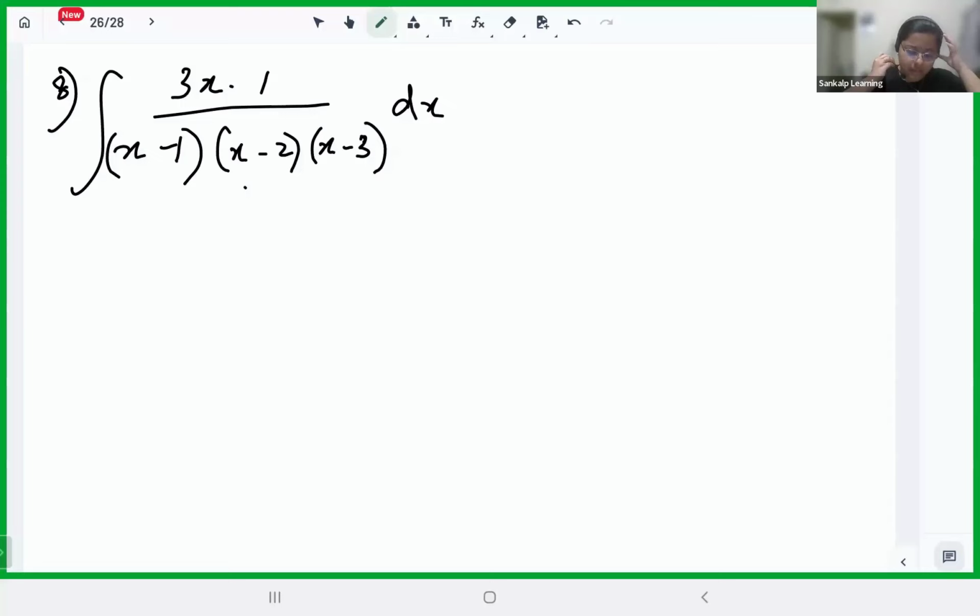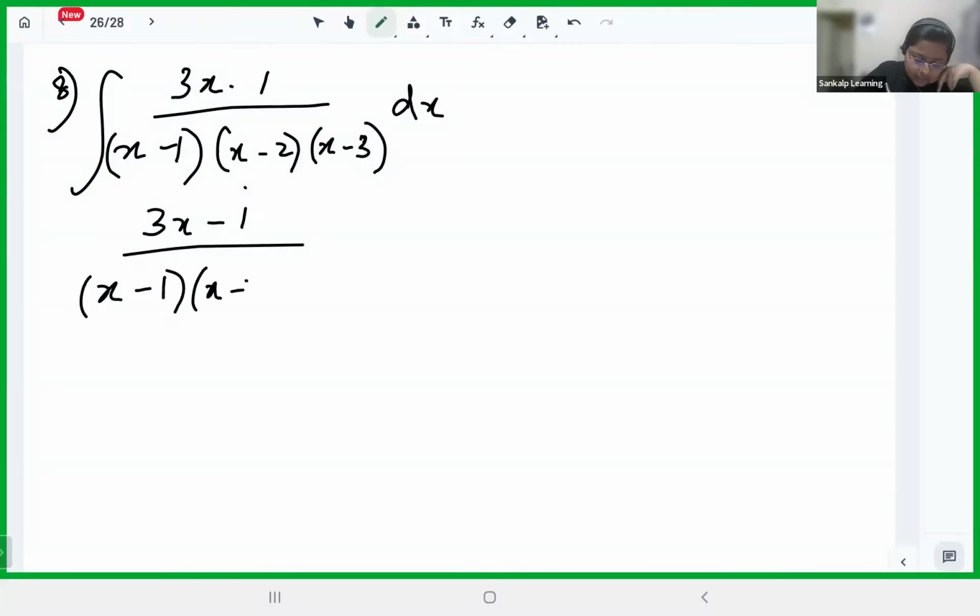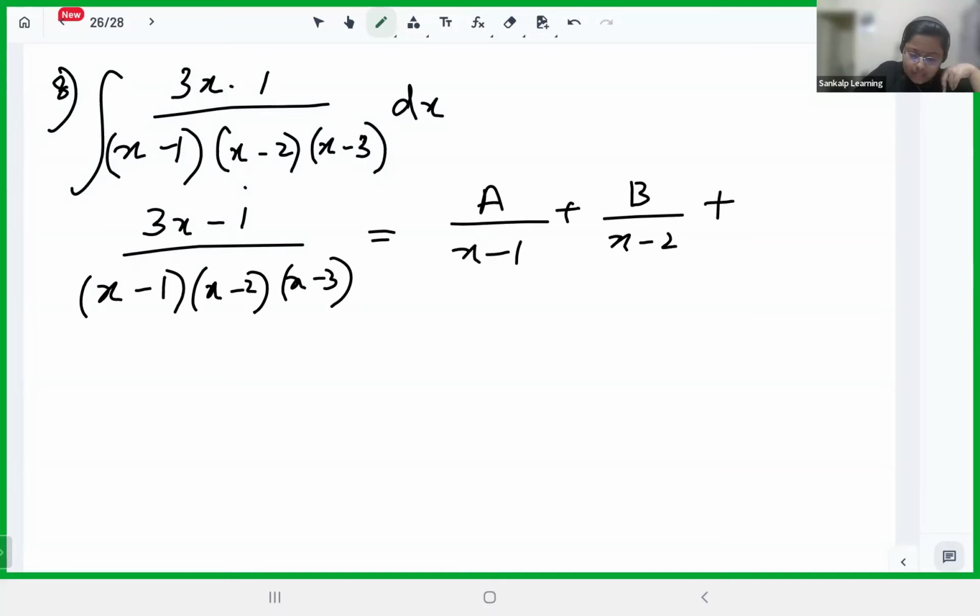So this is the integral of 3x minus 1 by x minus 1 into x minus 2 into x minus 3 dx. This can be split by using partial fractions: 3x minus 1 by x minus 1 into x minus 2 into x minus 3 is equal to a by x minus 1 plus b by x minus 2 plus c by x minus 3. Right?